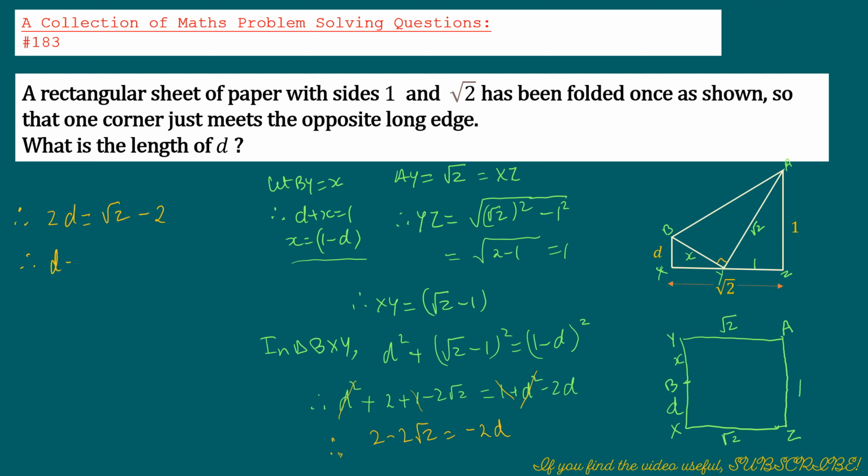Therefore D equals root 2 minus 1. Sorry about that. So D equals root 2 minus 1, and that would be the answer. What is the length of D? The length of D would be root 2 minus 1.